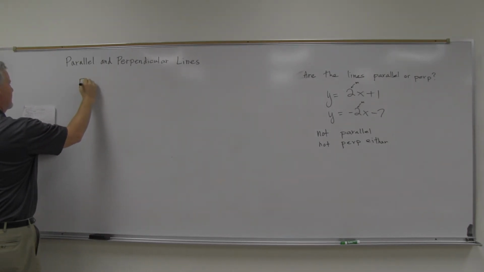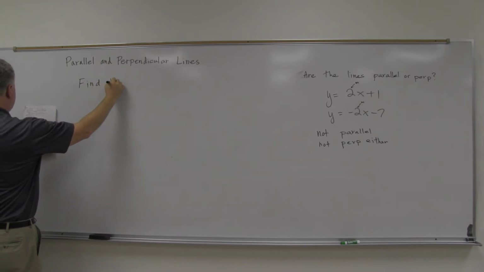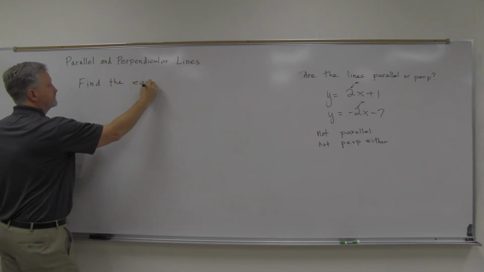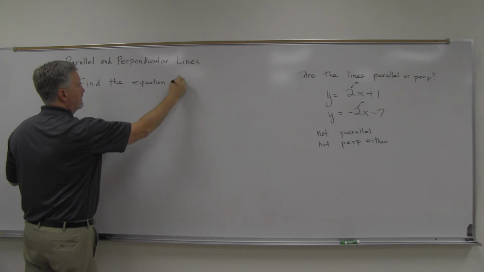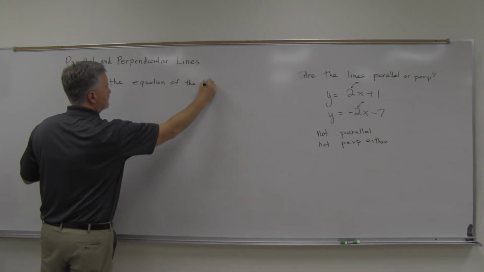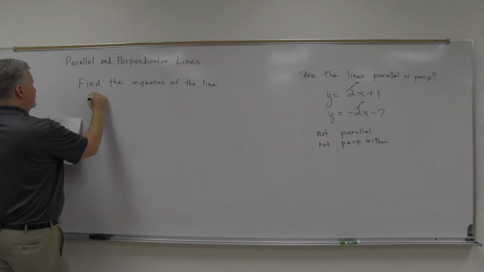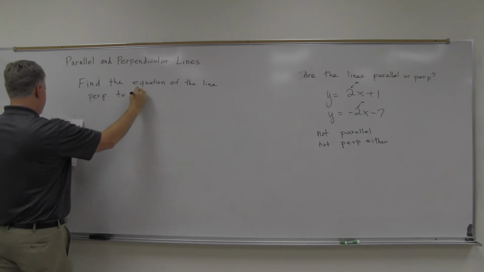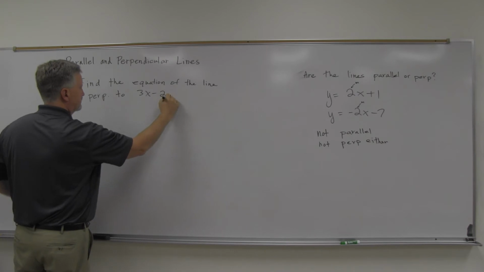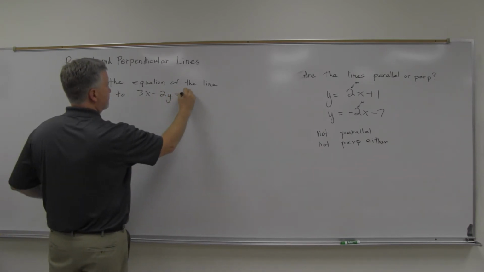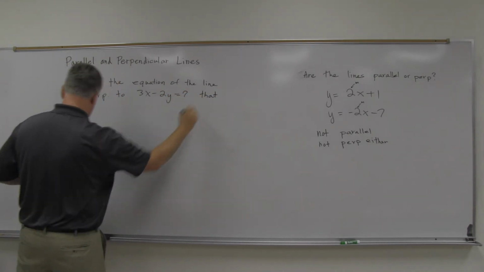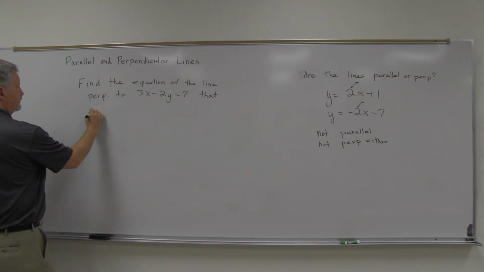Let's find the equation of the line perpendicular to 3x minus 2y equals 7 that goes through (3, negative 8).